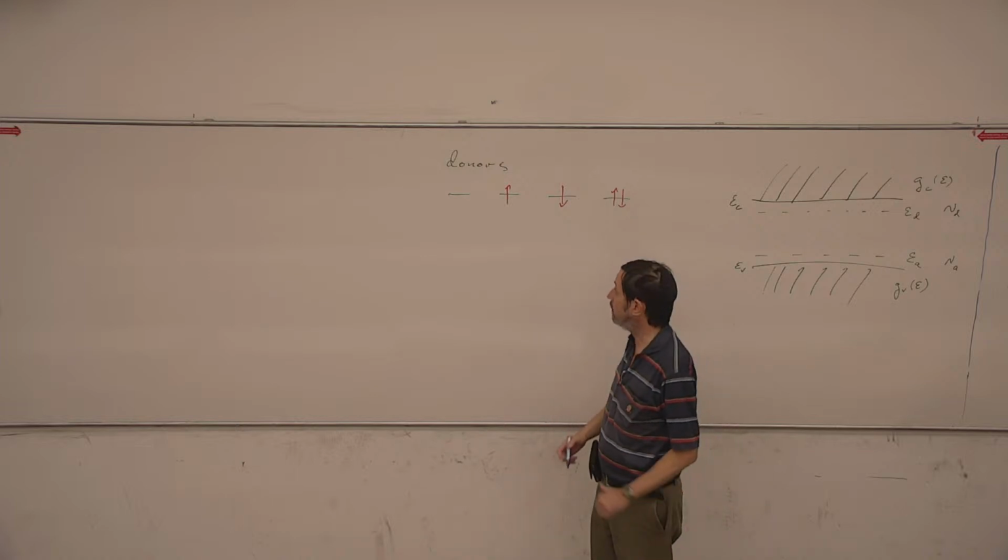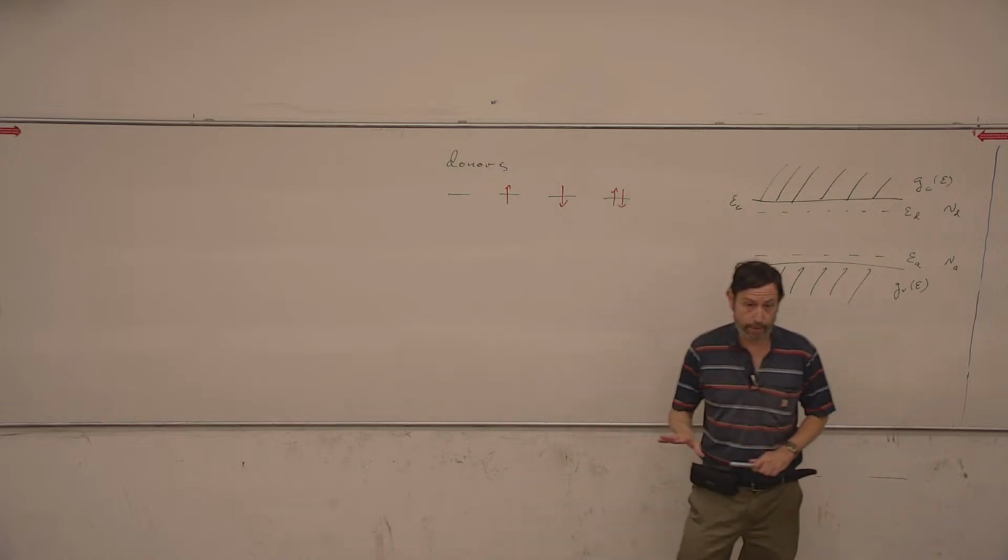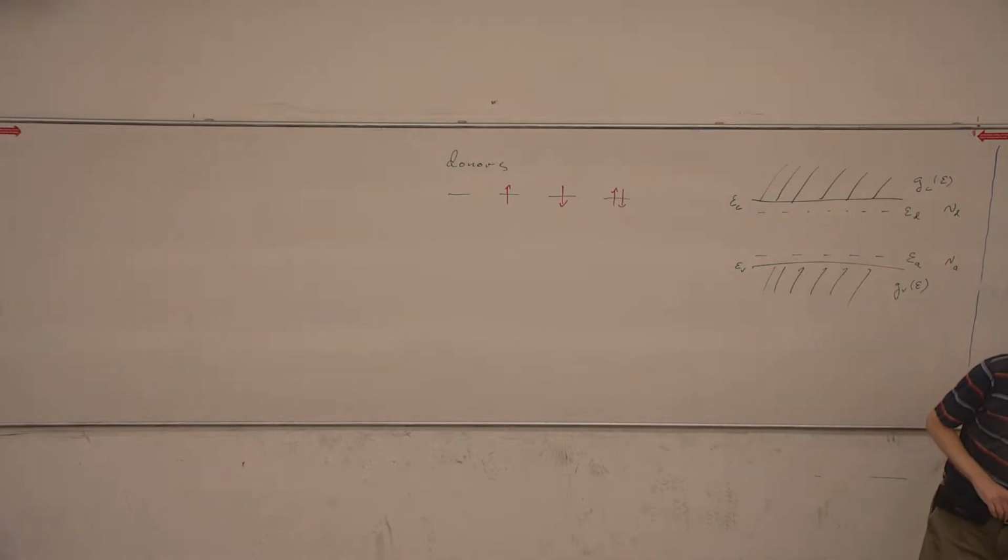So I have 4 states, and actually the same picture exactly for the acceptors.